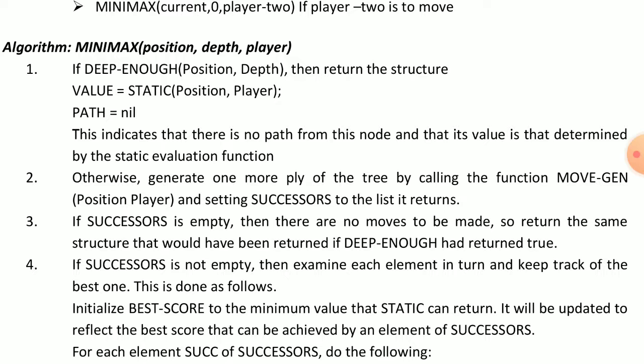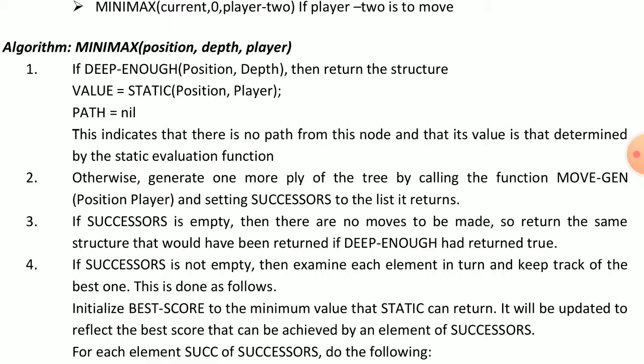Now the third step: if successors is empty, then there are no moves to be made. If our successors is empty, there is no value given in the successors, then we cannot move, and so return the same structure that would have been returned if deep enough had returned true.